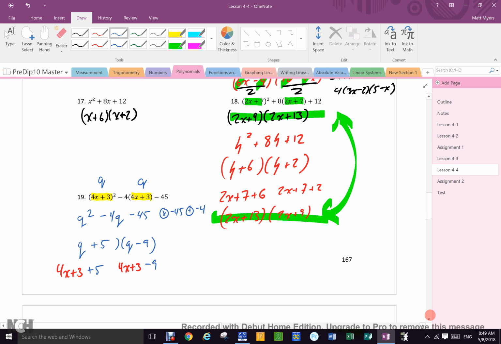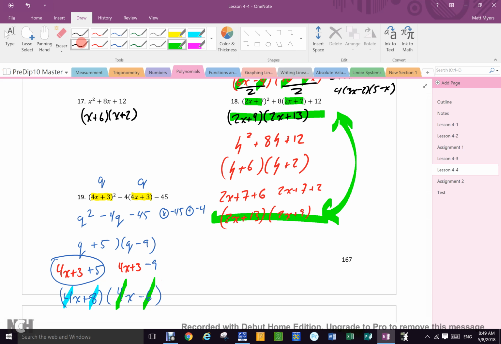Now, I know that my pre-diploma honors class knows how to collect like terms. What is that? 4x plus 8. What's that? 4x minus 6. And I also know that my pre-diploma honors class sees 4, 8, and 4, 6, and sees what in both of those factors?